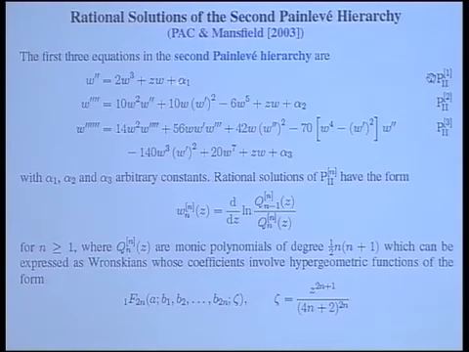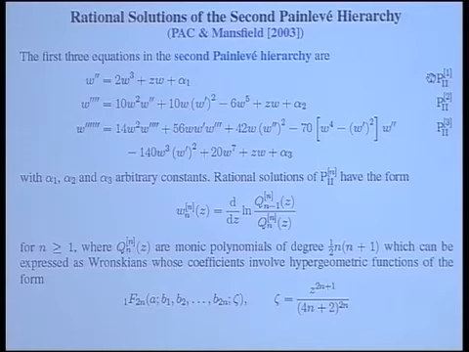So the first one in the hierarchy is Painlevé 2, and then you get a fourth order and sixth order, and the general nth term in the hierarchy has rational solutions of this form, the same form of a logarithmic derivative of two successive polynomials. These polynomials can be expressed as Wronskians, whose coefficients involve these hypergeometric functions 1F2. You have to choose the constants in here specifically to get the relevant one you need, but you can then get them all.